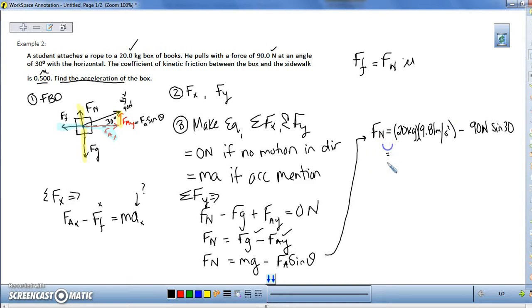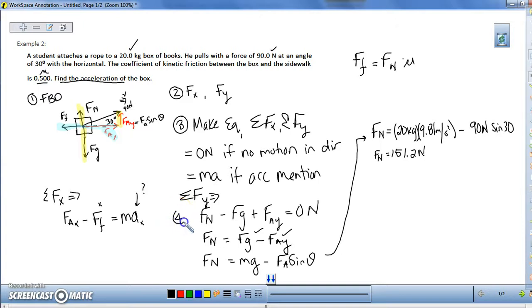So let's do that out. So when I do, I get 151.2 newtons, and that's the force normal right here.